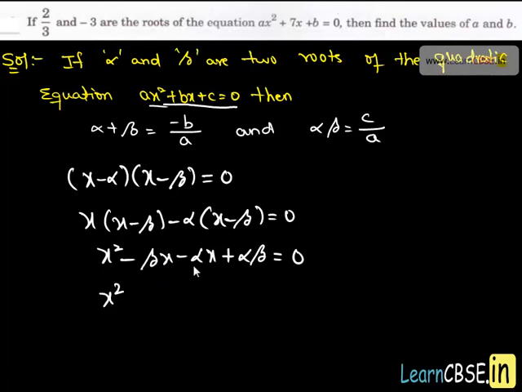On taking the negative sign and x as common, we have x square minus alpha plus beta times x plus the product of the roots. Therefore, by calculating their sum and product and substituting in this equation, we can obtain a quadratic equation.